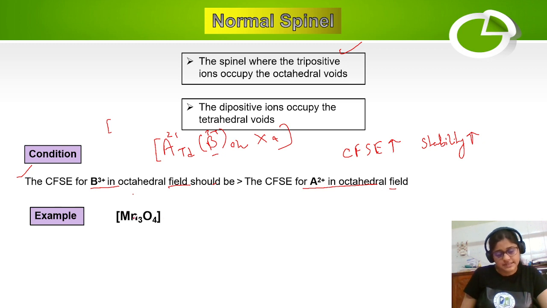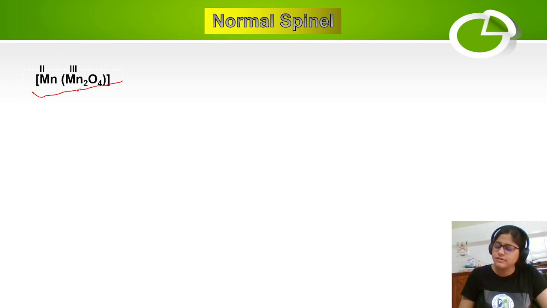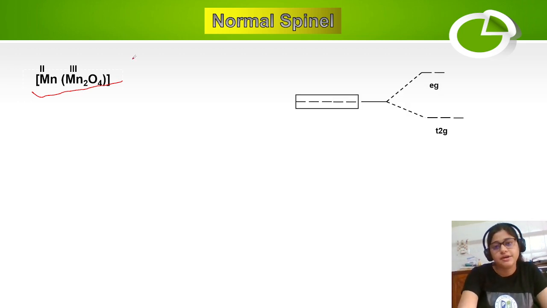Three cations are there and four anions, so it can be a spinel. And the other condition is one cation should be in 2+ and two cations should be in 3+ oxidation state. So now you can see this is a spinel. Now what do we have to find out?